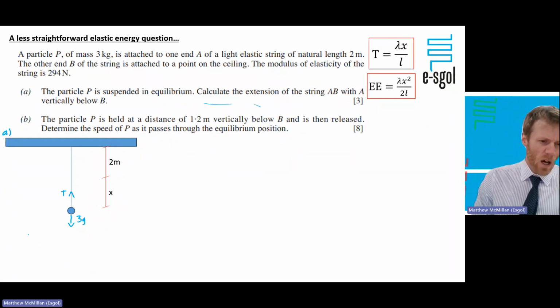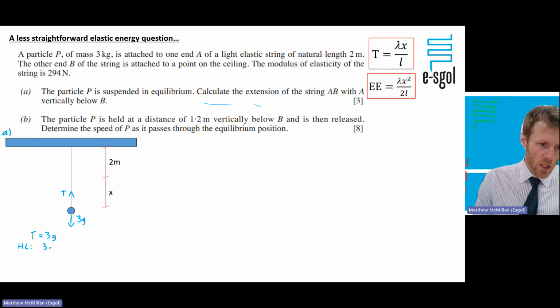Now, I'm not going to do this in a long-winded way. Because it's in equilibrium, the tension will be 3g. And I'm then just going to apply Hooke's law. This is really similar to the first question that we did.